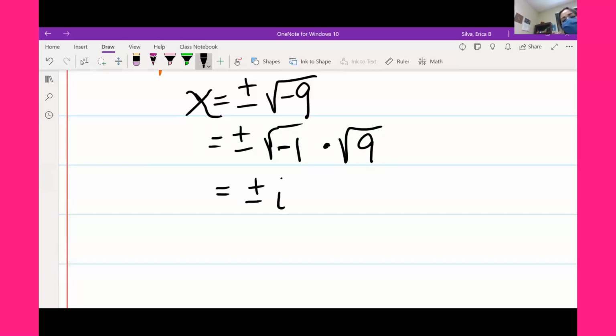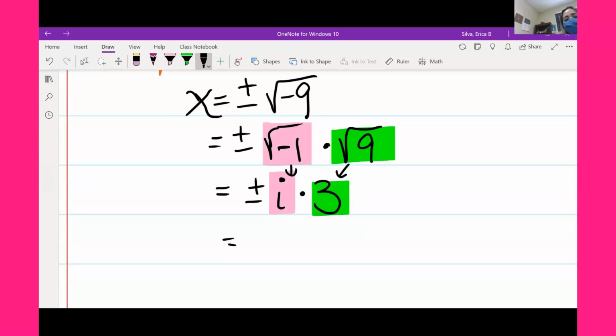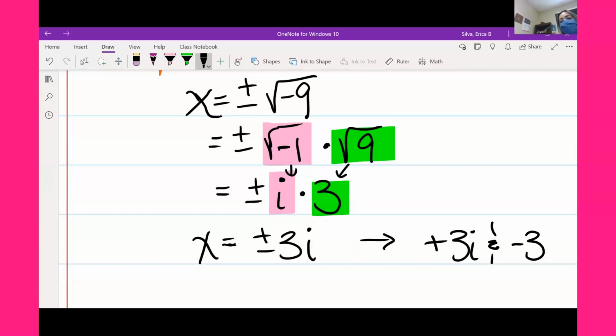Plus or minus my i times square root of 9 is 3. And then we put it in the right order, plus or minus 3i. And remember what that means is that we have a positive 3i and a negative 3i.